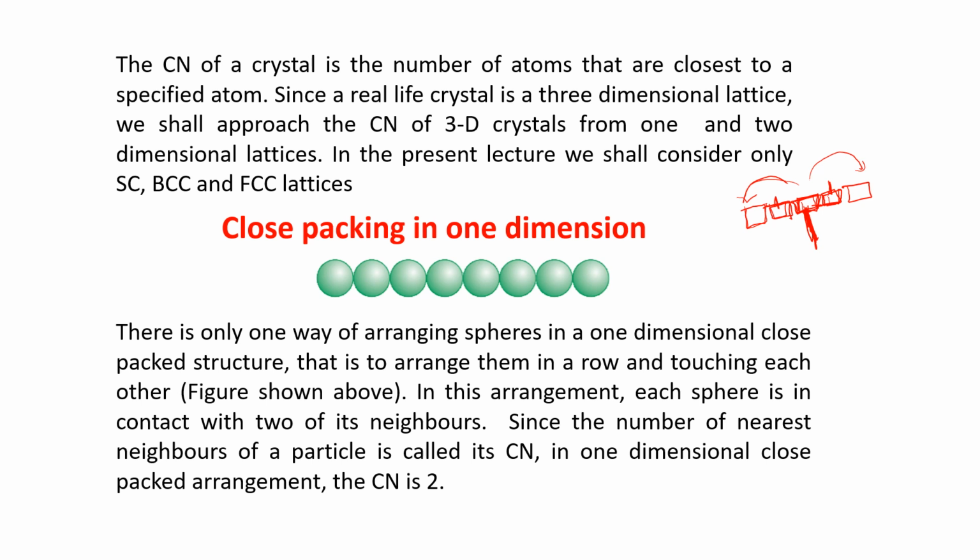So the immediate neighbors are this person and this person. So the coordination number of the middle person is 2, because it is touched by two persons only. So see this line: the coordination number of a crystal is the number of atoms that are closest to a specified atom.